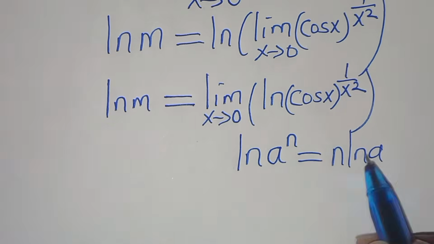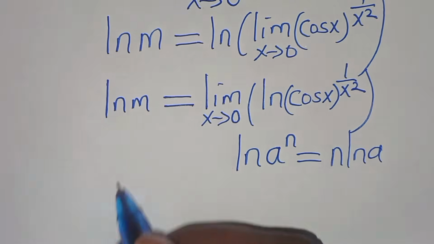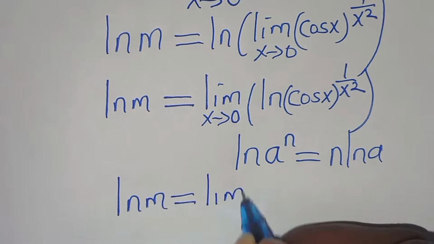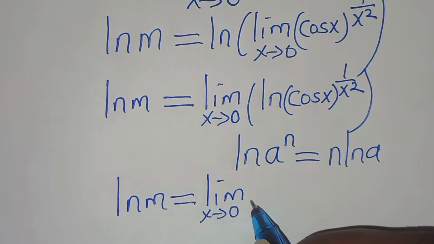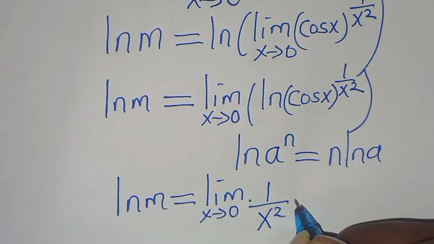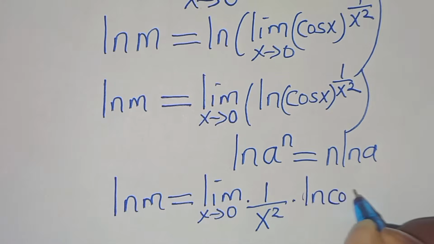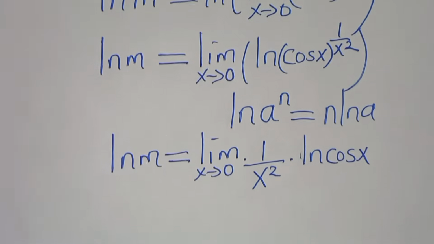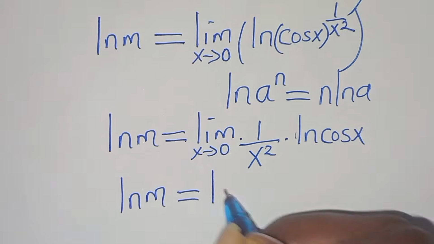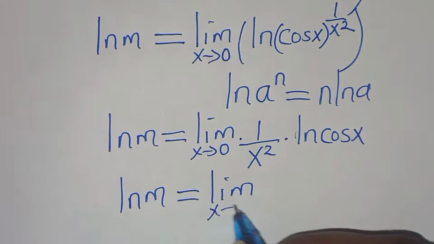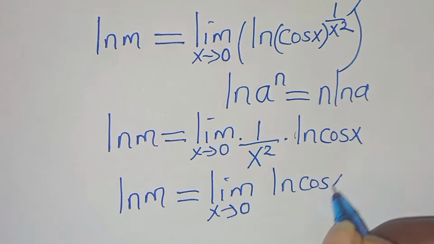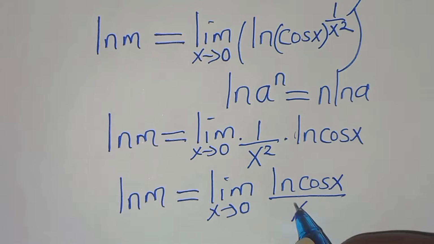Applying this property, ln of m is equal to the limit as x tends to 0 of 1 over x squared multiplied by the ln of cos x, which we can write as ln of m equals the limit as x tends to 0 of ln of cos x divided by x squared.